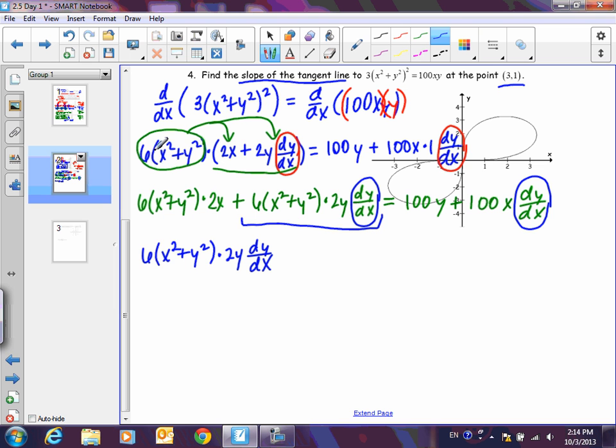If I had up here divided both sides by 6 times x squared plus y squared, it would take care of the problem here, and it would create a whole brand new problem over here. Because then I would have that 6x term connected to this dy over dx. So I could have done that. It would have been, in the end, messier. So I just decided, let's distribute.